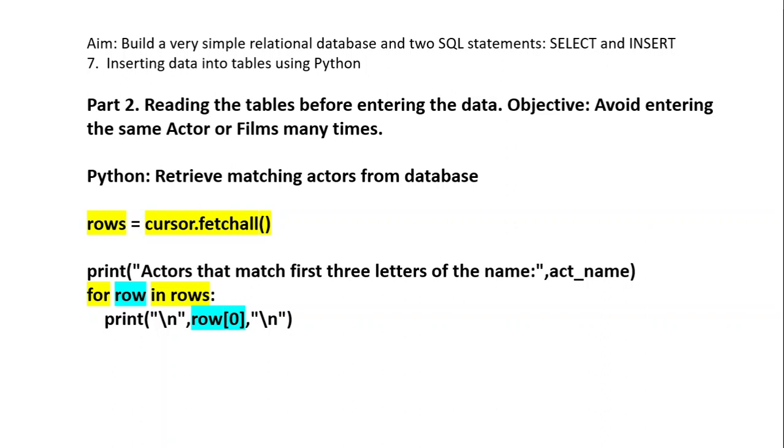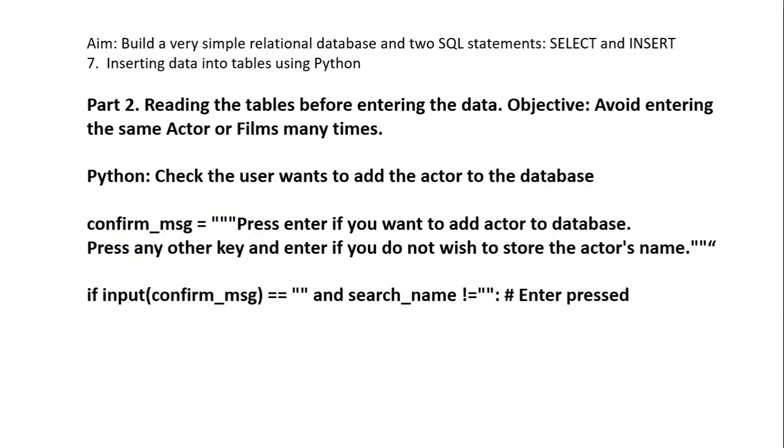So that has an index of 0. Now I check whether the user wants to add that actor to the database. I have identified all existing actors in the database whose first 3 characters match the first 3 characters of the actor I'm thinking of adding.